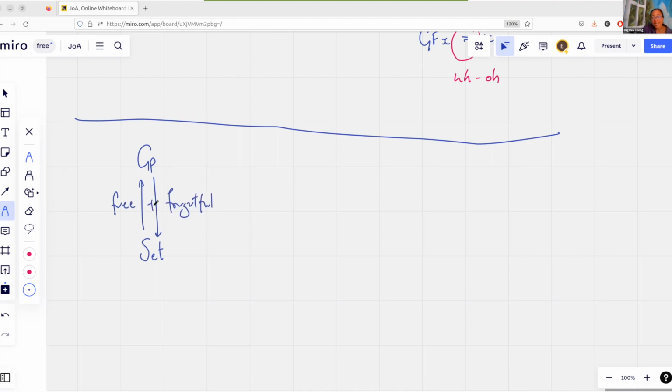If a functor has a left adjoint, then it preserves limits, which means that we can tell what the product is going to have to be up here by going, if there were one, then when we applied the forgetful functor, it would have to be the product of the underlying sets. And so we make the product of groups by taking the product of the sets and then lifting the binary operation on it.